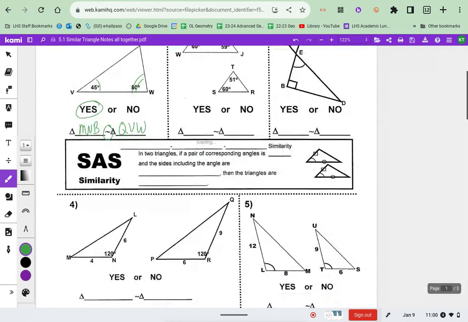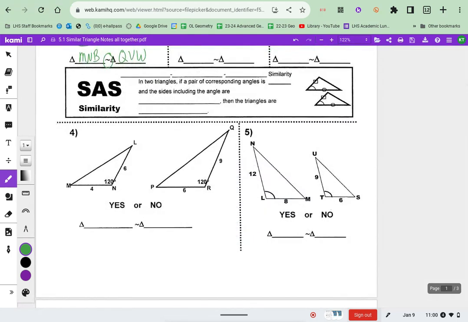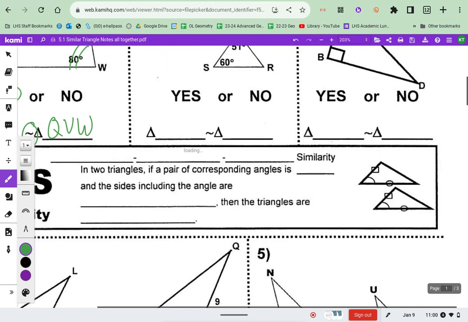Awesome. All right, so the next way that we can prove that triangles are similar is called side-angle-side similarity. Okay, we'll fill that in first. So side-angle-side similarity.